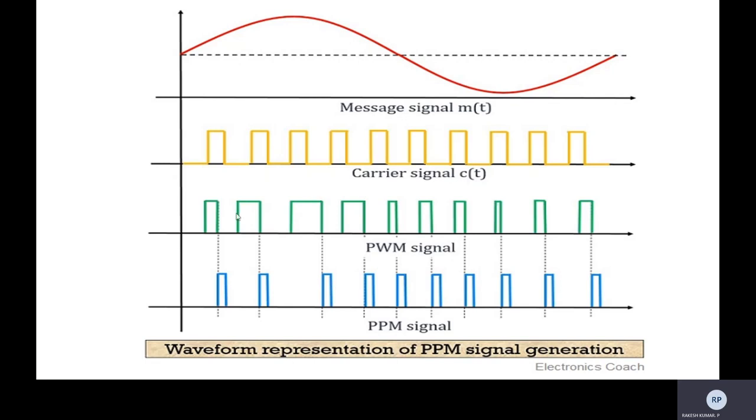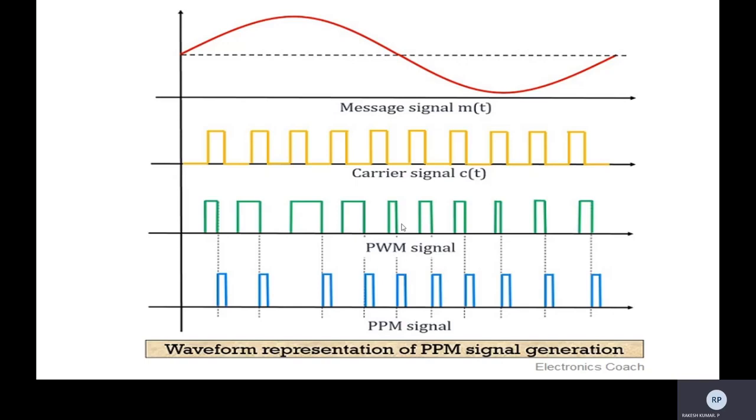Here the widths of the pulses are not the same; they vary in accordance with the amplitude of the message signal. For larger amplitude we get larger width, and for very little amplitude we get very little width. So this is regarding pulse width modulation. From this figure you can clearly understand how the width of the pulse width modulated signal varies with respect to the message signal.